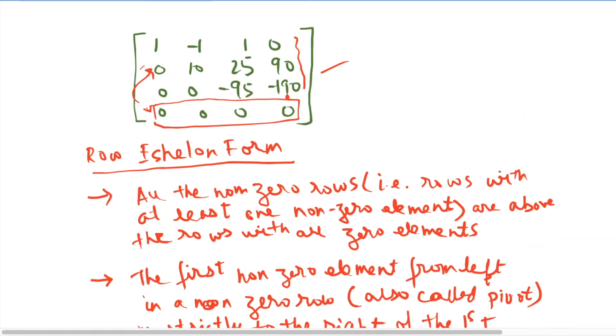So the first non-zero element from left in a non-zero row, so let's consider row number 3. So the first non-zero element in row 3 is -95, right?